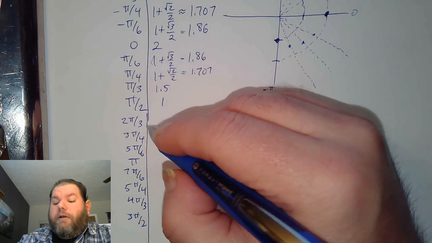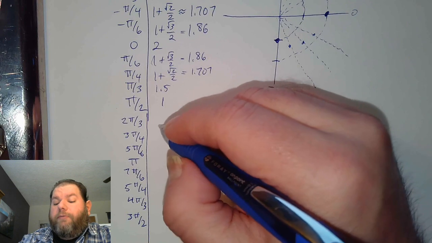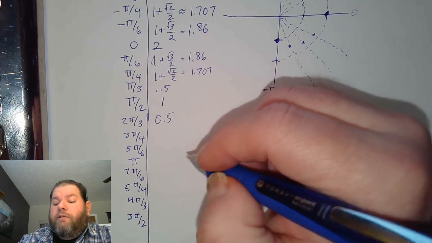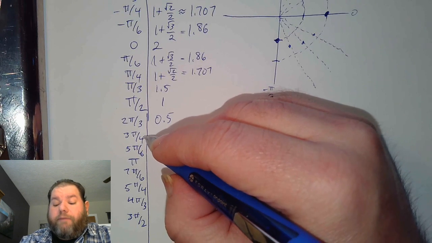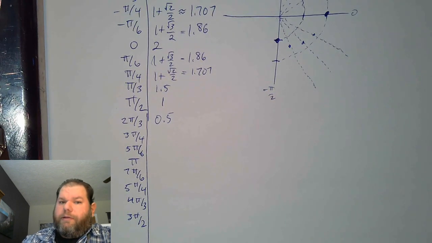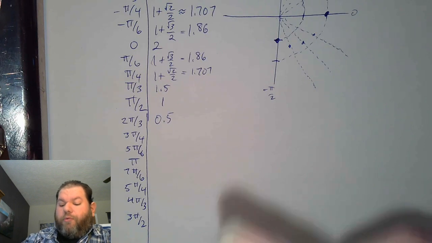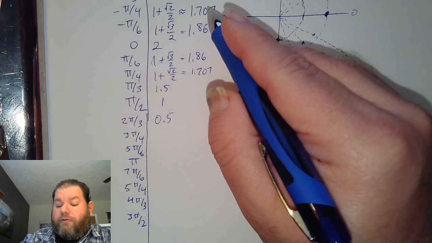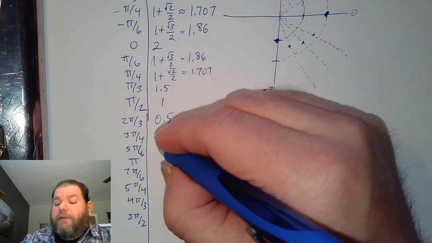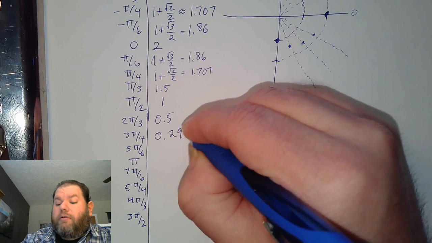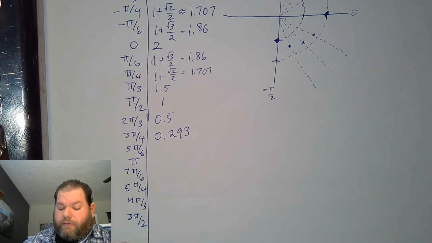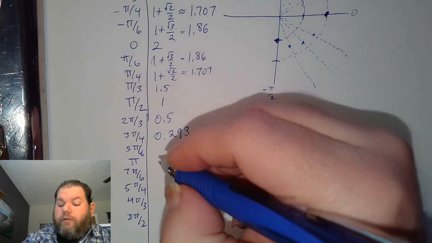See, cosine of 2 pi over 3 is now negative 1/2 plus 1 is 0.5. 3 pi over 4 is negative root 2 over 2 plus 1. I'm going to do some calculator work on that one. 1 minus root 2 over 2 is 0.293, which makes sense. 5 pi over 6, 1 minus root 3 over 2, so 0.13.